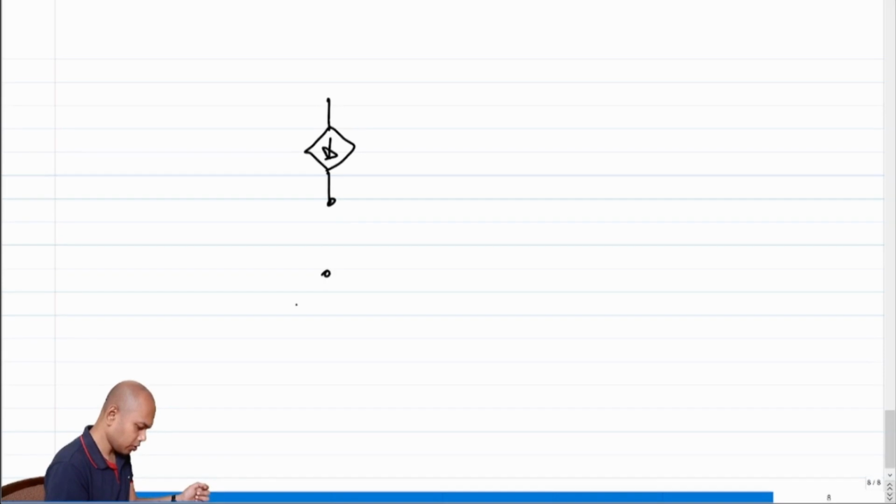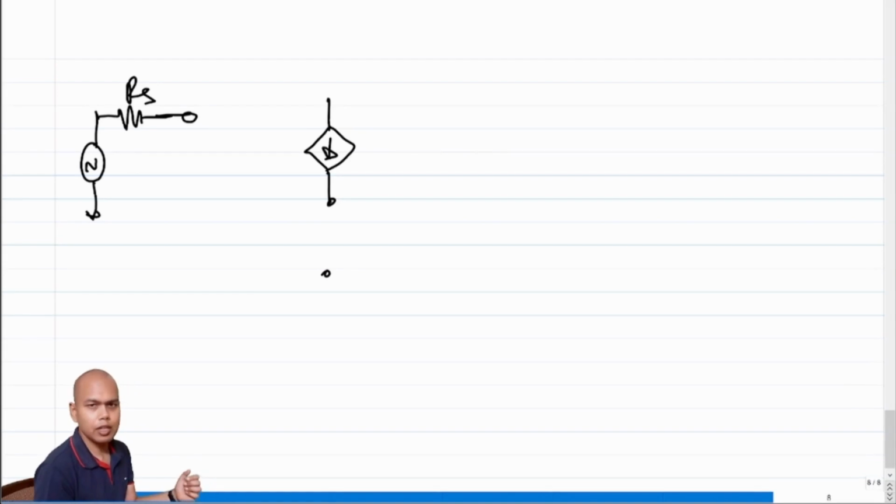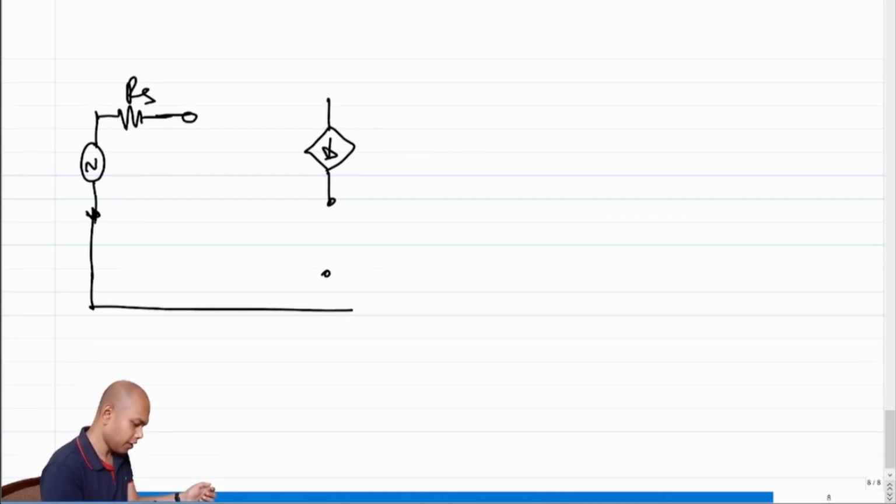So instead of the current source, this goes to ground. You had an input and RS. Let's assume that the capacitor is shorted and R1 parallel R2 is very high so that it doesn't load RS. What do we have at the drain side?